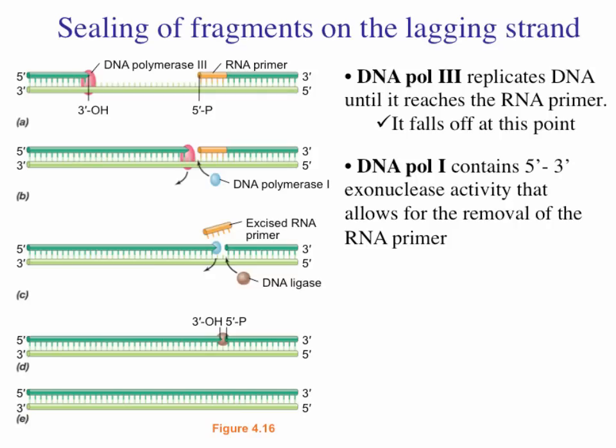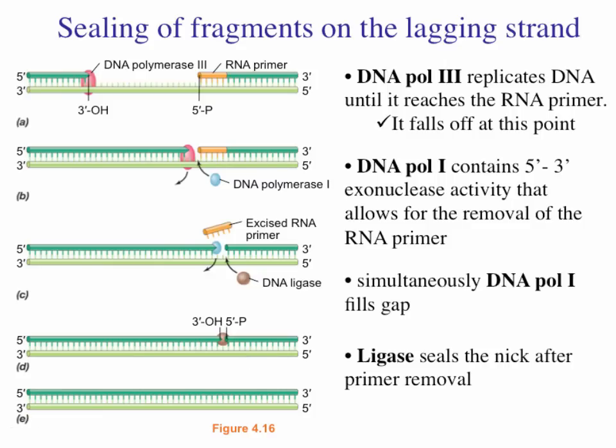You have a free 3' hydroxyl group at the end of this DNA molecule and a free 5' phosphate at the beginning of the other molecule. That gap needs to be fixed, and it is fixed by ligase. Ligase fixes that nick to give you a complete, continuous DNA strand. Okay?